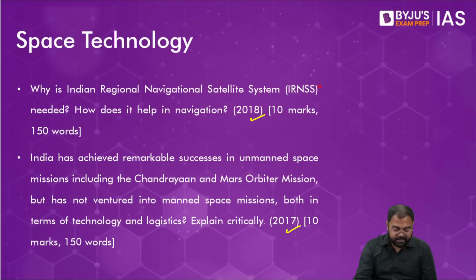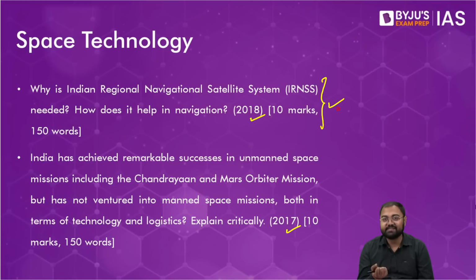Then after that, there is a very simple direct question based on IRNSS. Why is IRNSS needed? How does it help in navigation? So why is it needed? We have a historical context to it. First and foremost, we don't want to be dependent on GPS only, because GPS at the end of the day belongs to the US. So we don't want to be dependent on it. We want our own technology for security purposes.